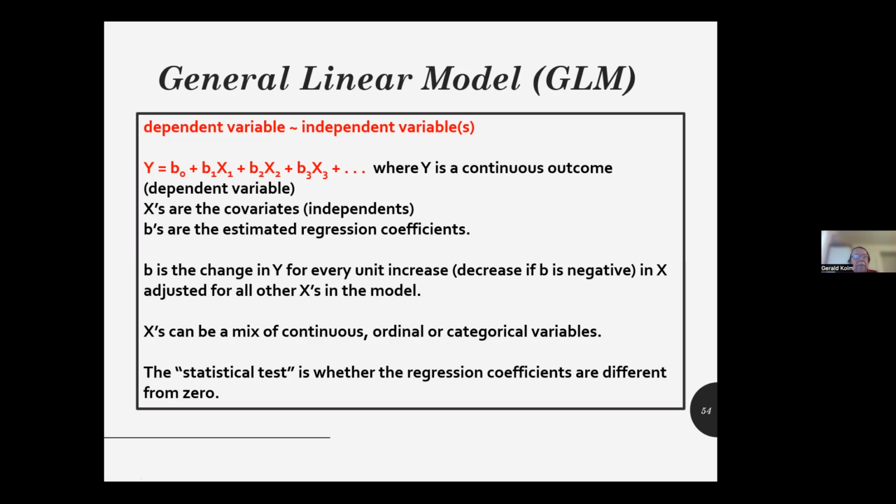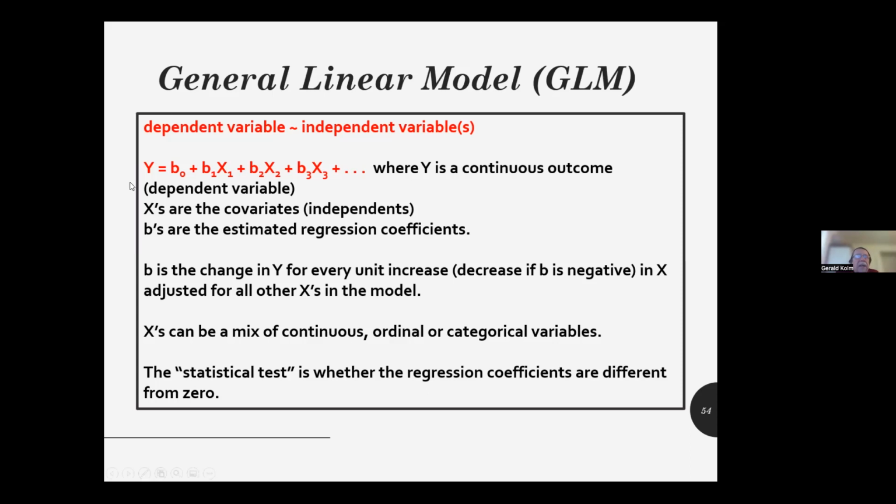Now, in the general linear model, the covariates or the independent variables can be a mix of continuous, ordinal, or even categorical variables. The statistical test that we would do in this case is to test whether these regression coefficients are 0, or if they're different from 0.